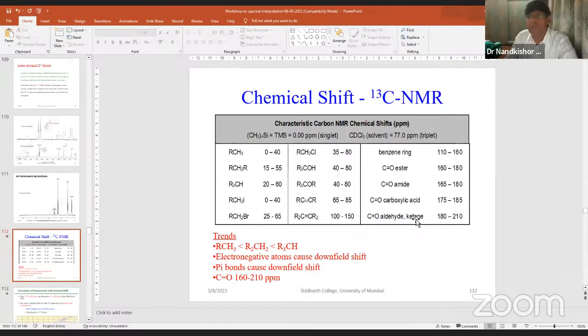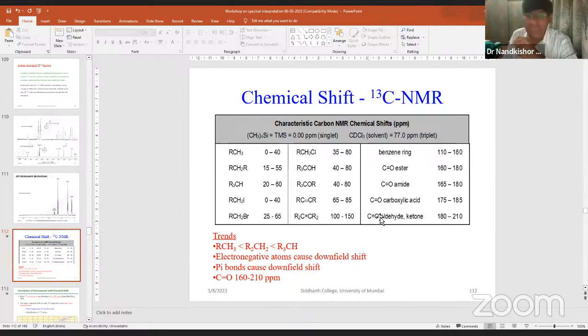Now look at here, as I mentioned, the required magnetic field for the carbon to couple or flip is very low as compared to the proton. So that means the denominator is going to be less. If the denominator is less, ultimately the delta value is going to be very high. So that's why the delta value for C13 NMR ranges from 0 to 210 and 220.